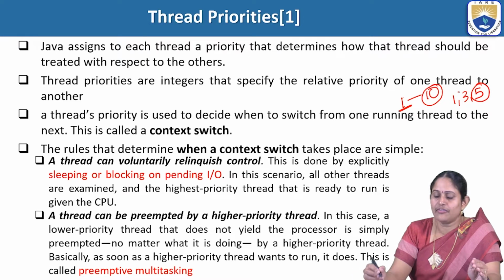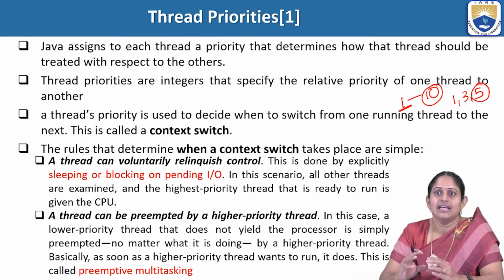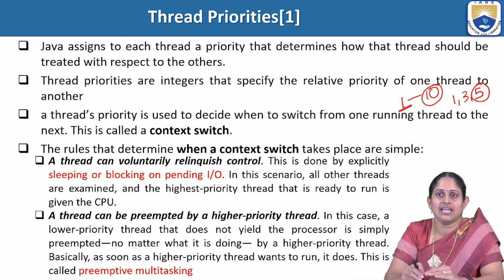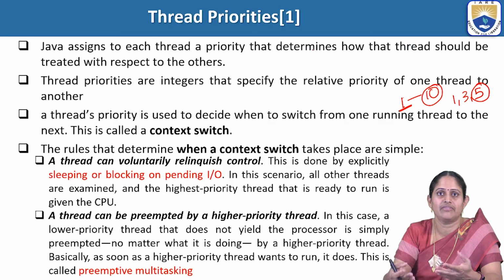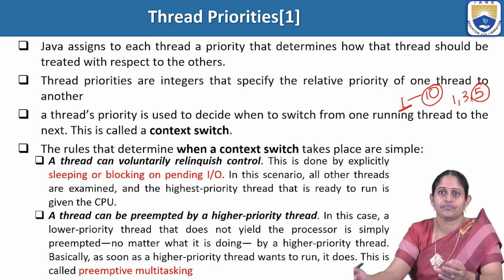So if there are three threads executing and they are of different priorities, then the thread with the highest priority will always be given importance to execute, or will be given the CPU to execute its work.